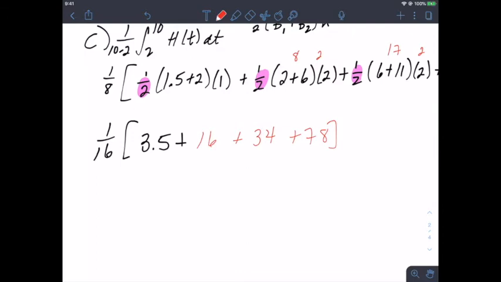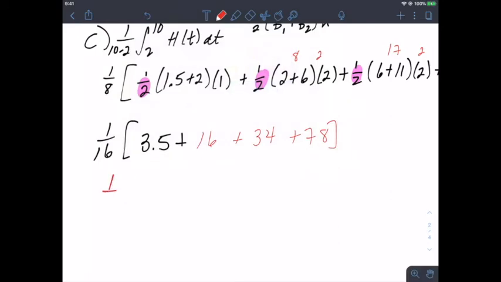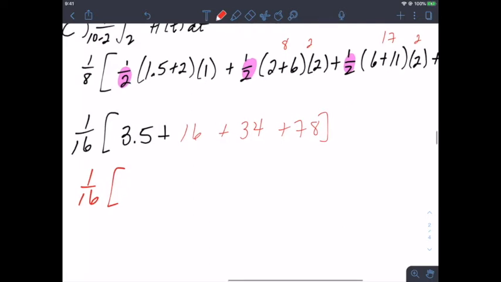So let's see what we've got. So 1/16 of 3.5 plus 16 plus 34 plus 78.